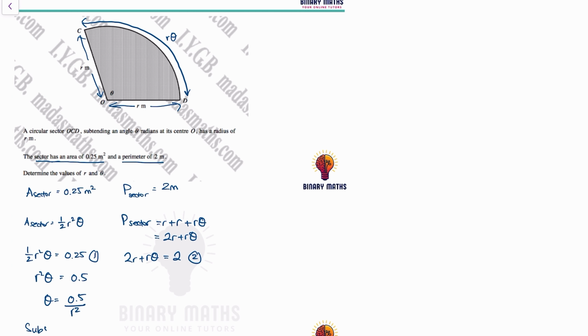If I substitute theta is equal to 0.5 over r squared into 2, then I get 2r plus r times 0.5 over r squared must be equal to 2. If I simplify the second term, then I get 2r plus 0.5 over r is equal to 2.